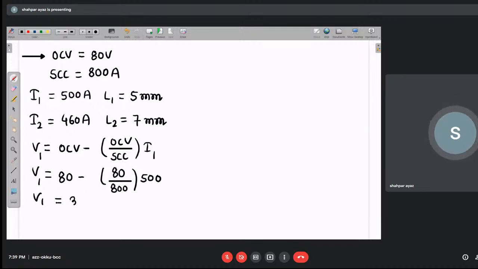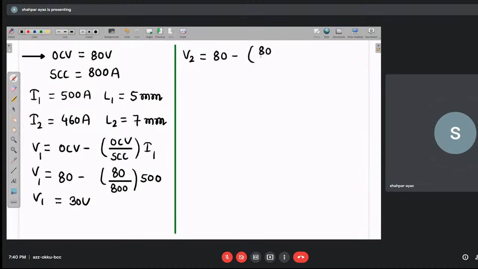This is going to be your 30 volt. Similarly, V2 is equal to 80 minus 80 by 800 into 460. We are going to get this as 34 volt.